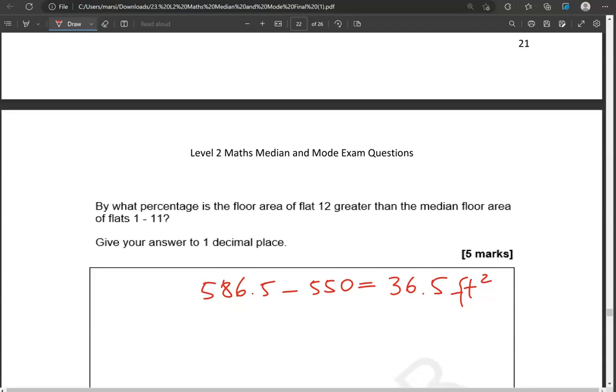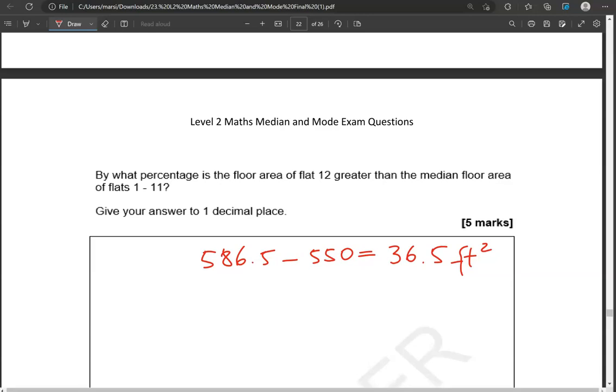So to work it out as a percentage, we'll do 36.5 out of 550 because we're comparing it to the median floor area of the flats. That's why out of 550. So it's the increase.